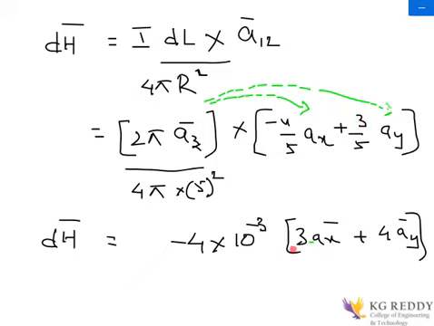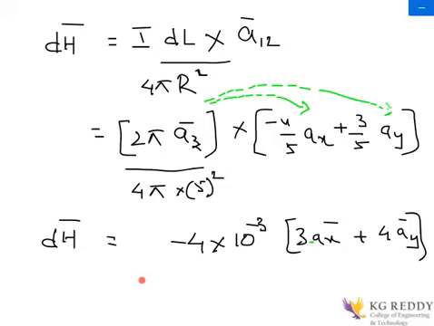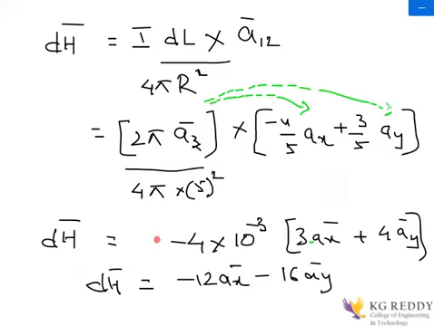That's what we got here. So by directly multiplying, you can get this equation. Finally, after solving this cross product, you will be getting minus 12 ax minus 16 ay bar. So this is the magnetic field intensity at the given point.